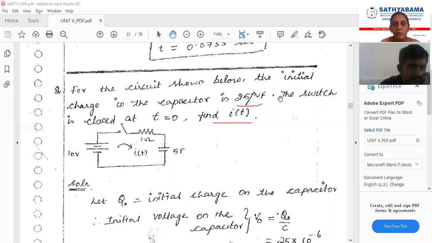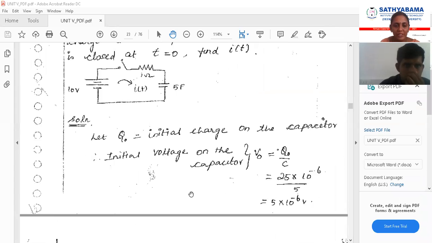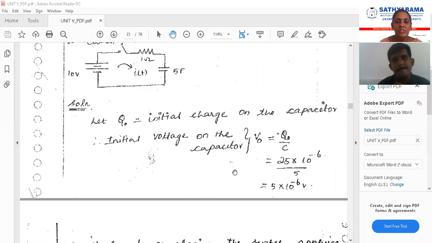Now this problem is the second one, discharging, because they had given the initial charge. So based on that, we have to substitute the values and find out. Now let Q naught be the initial charge on the capacitor. The problem will follow the derivation, the same steps we have done will be followed here.